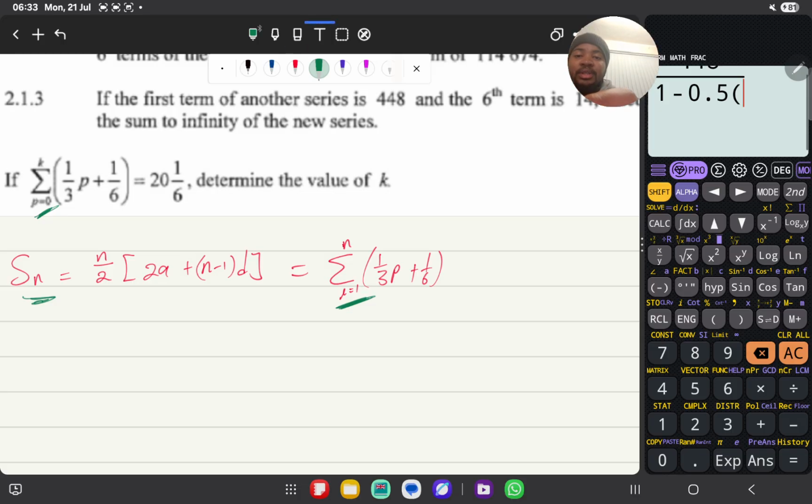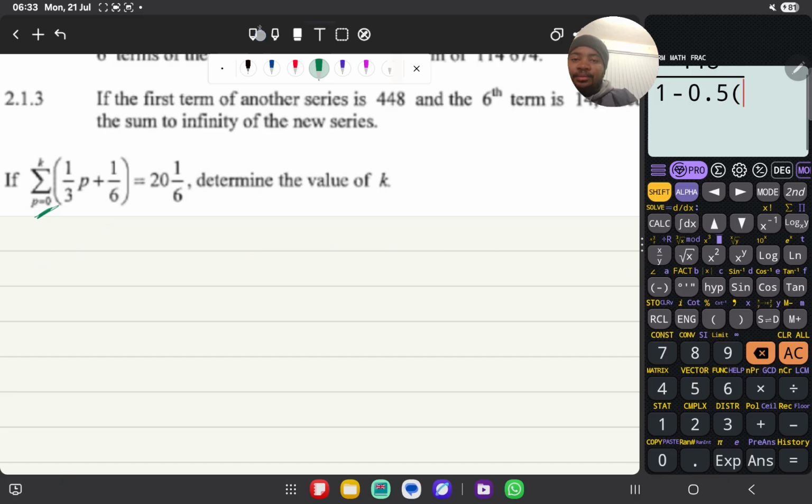So let me show you something, a very simple example.